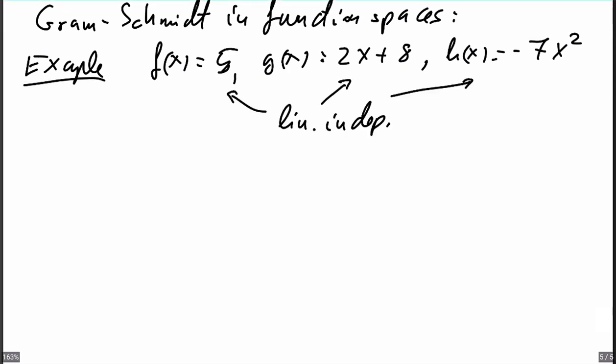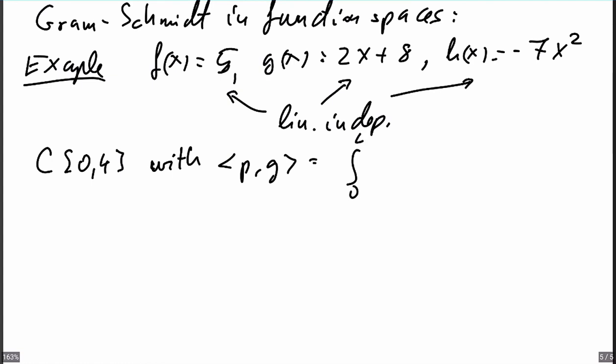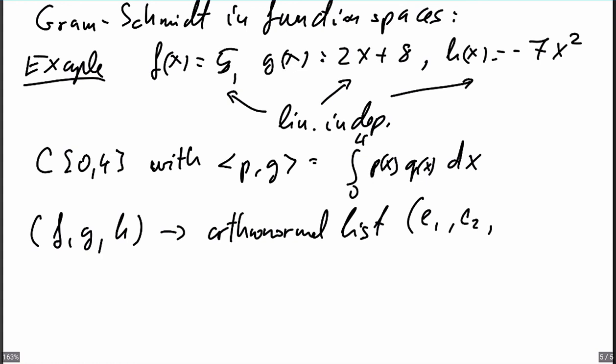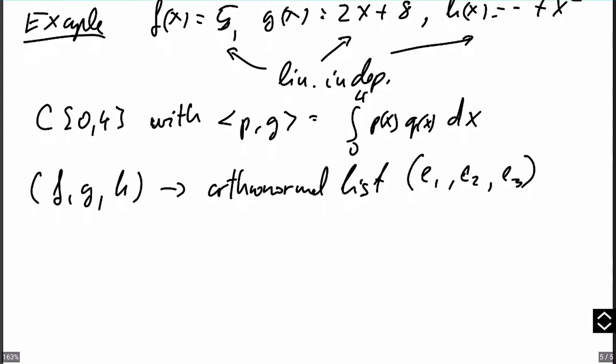If we look at, for example, the continuous functions on the interval 0 to 4 with inner product pq, which is the integral from 0 to 4 of p(x) q(x) dx, then from this f, g, h list we can create an orthonormal list. Let me denote it with E1, E2, E3, although these will be functions. The orthogonalization process is the same.